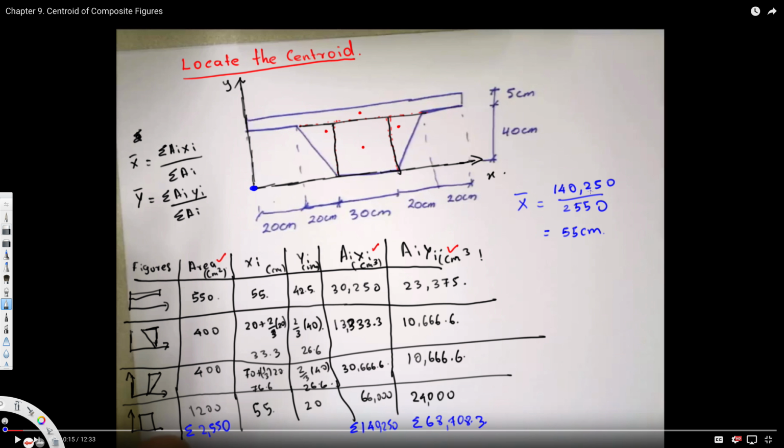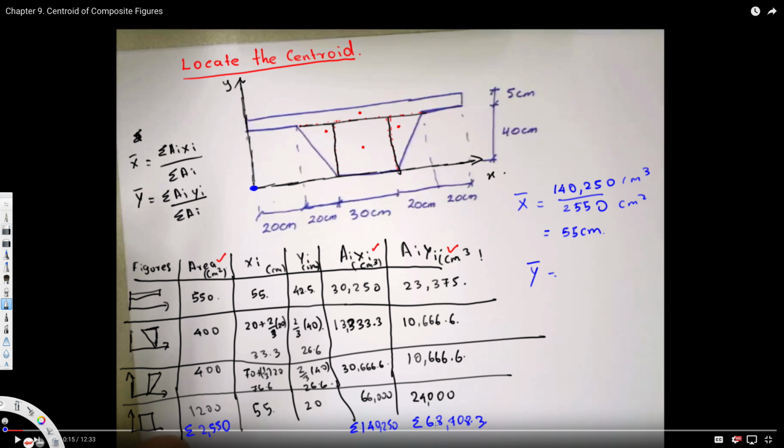Because AiXi is centimeter cube and the area is centimeter square, if you divide them, the cube and square cancel, and centimeters are left. That's the unit.